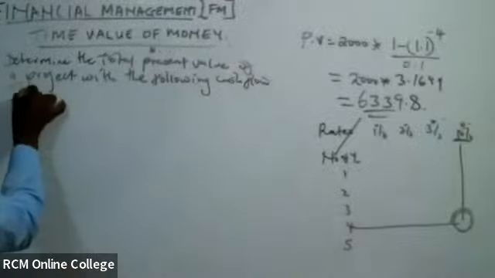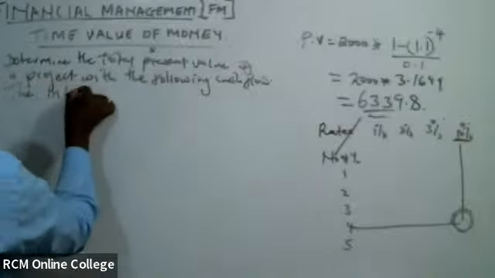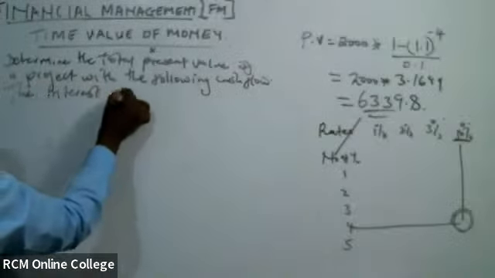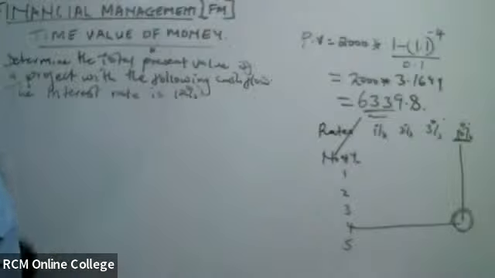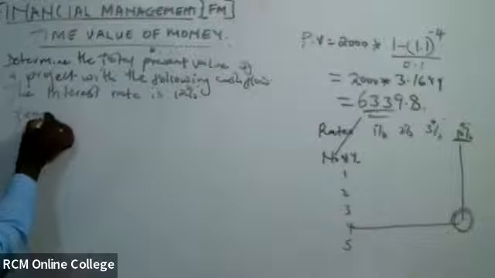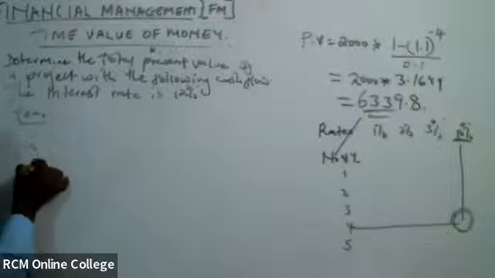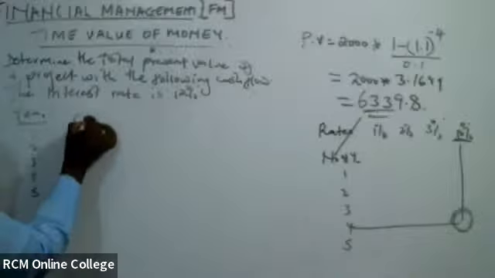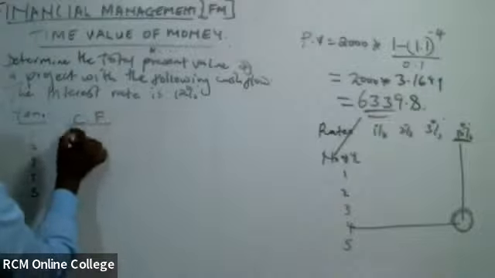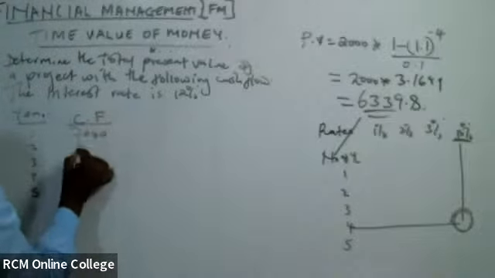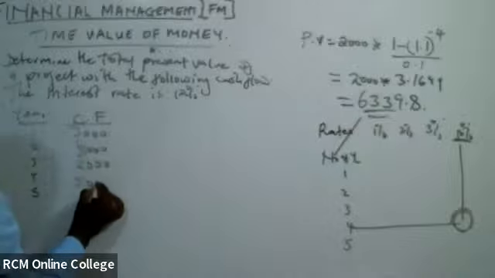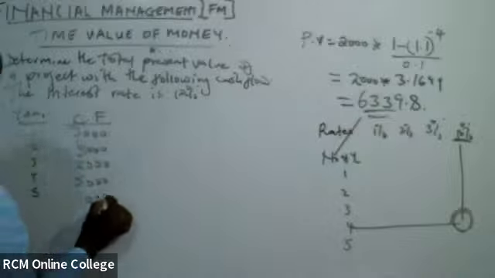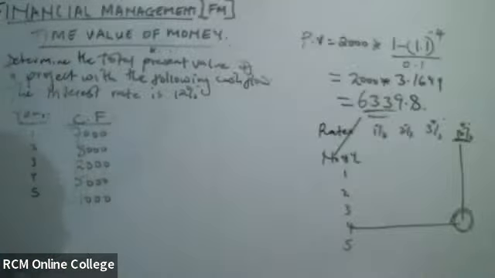The interest rate of the project, the rate of return, is 12%. So the project years are 1, 2, 3, 4, and 5, and the cash flows are 7,000, 8,000, 2,000, 5,000, and 1,000.